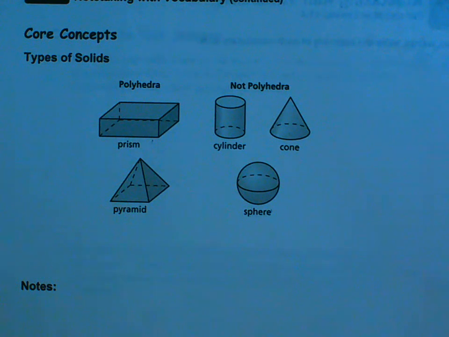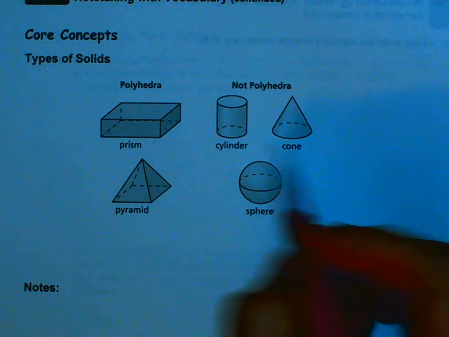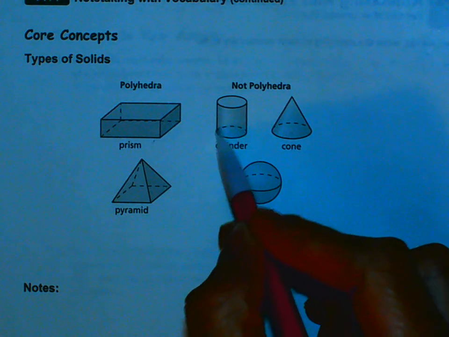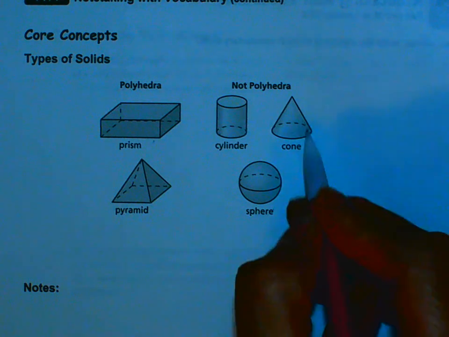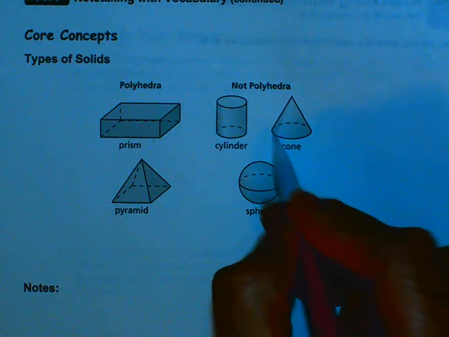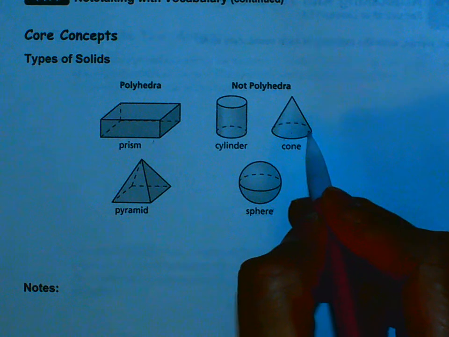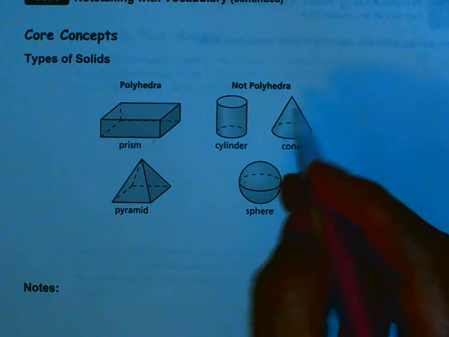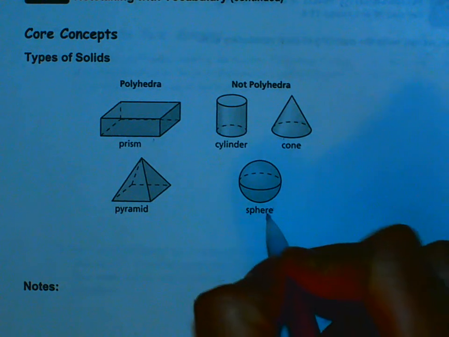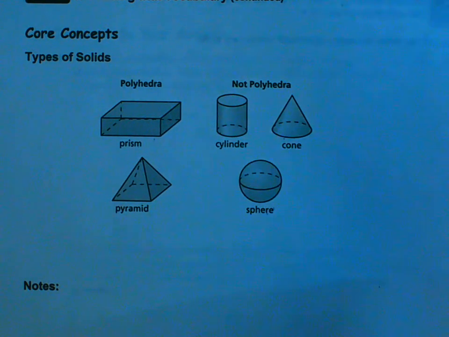If the polyhedron's faces do not bend, then it's a polyhedron. If they have any type of curvature, like this cylinder, then it's not a polyhedron. This right here is a cone. Even though its base is a flat surface, everything else is not. It's curved. And in a sphere, everything is curved.